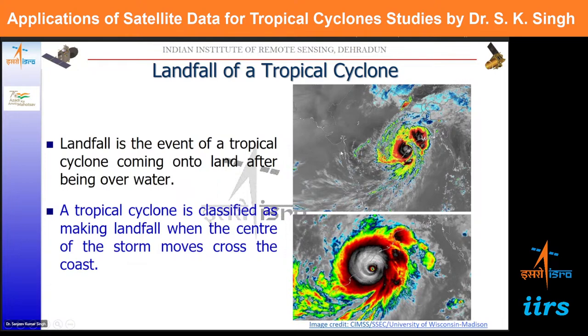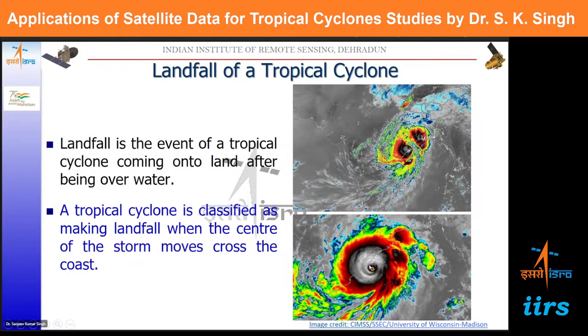These are two pictures, an upper portion and a lower portion. In the upper portion is the situation of landfall, and the lower portion is not a landfall condition, because we declare landfall only when the eye hits the coast.